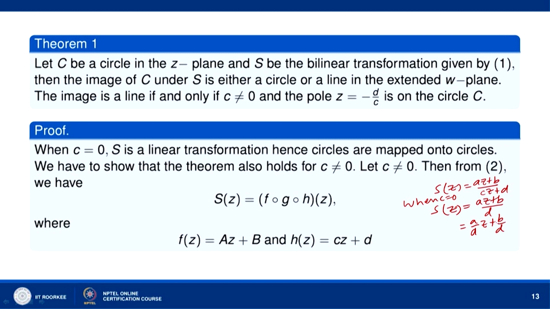We know that when c becomes 0, a and d cannot be 0. So, S(z) is a linear function. Okay. And under a linear function we know that only the size of the figure may be distorted, the basic shape of the figure does not change. So, circles will be mapped onto circles under this linear map.